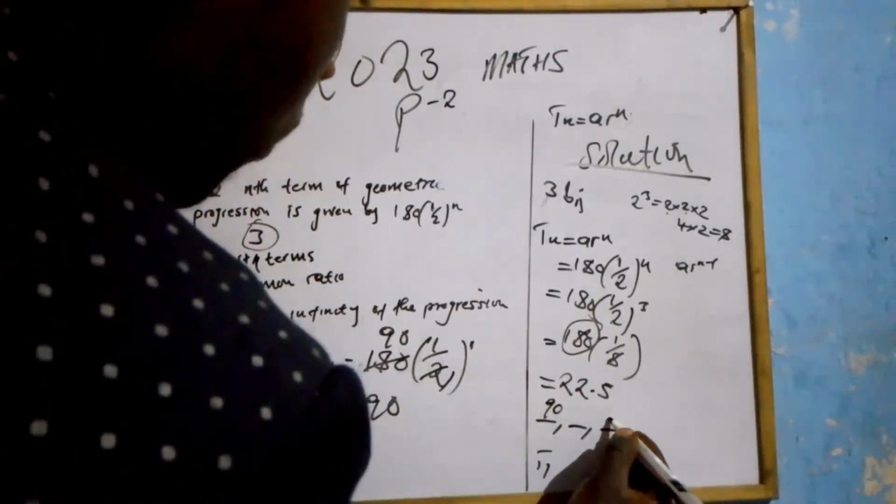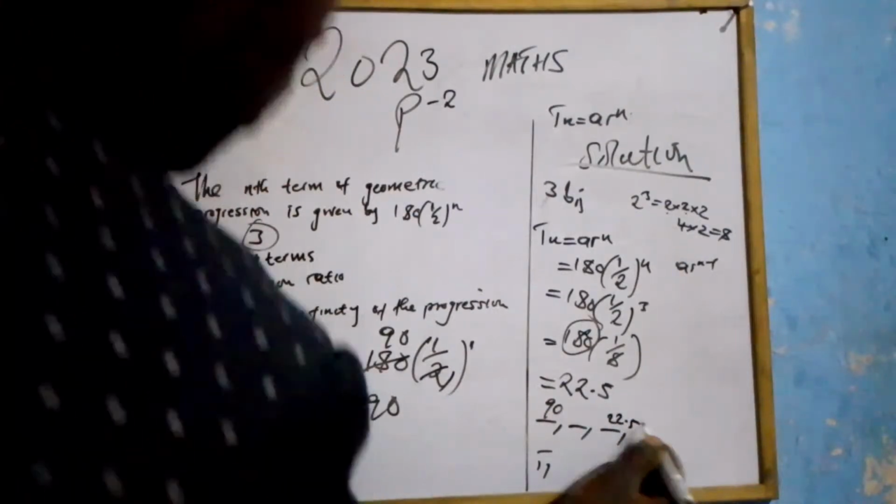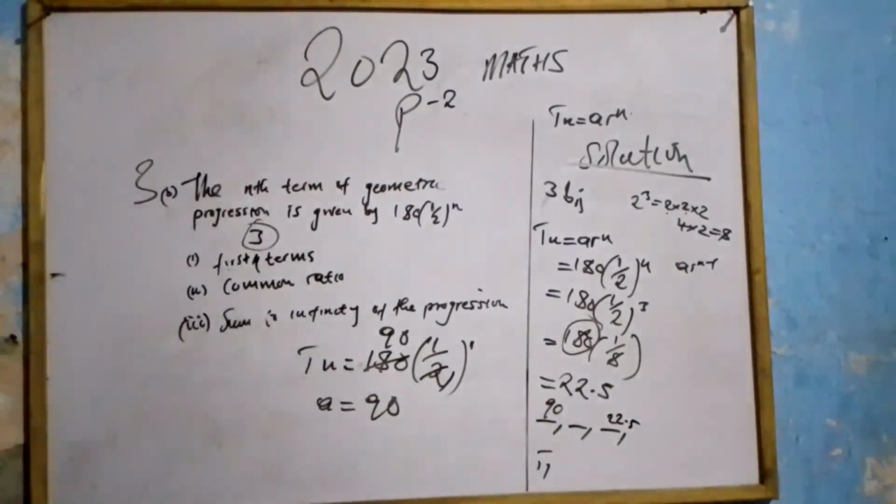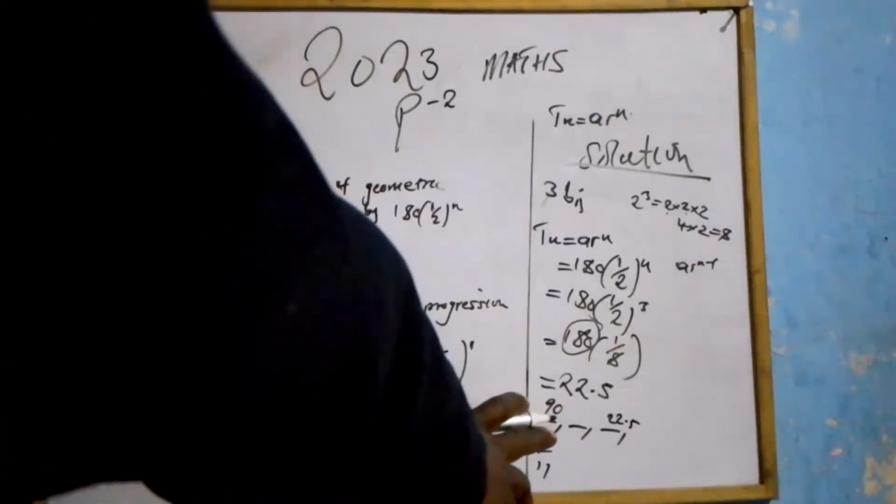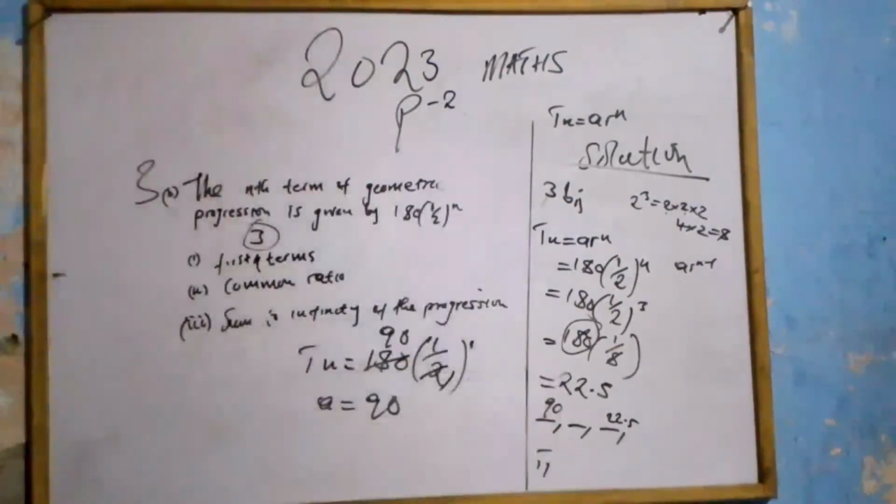Then here we have 22.5, so we have to find the second term here. How can we find the second term?